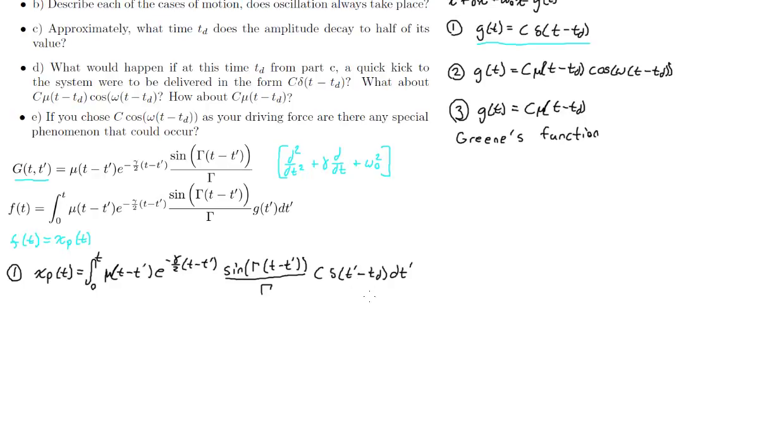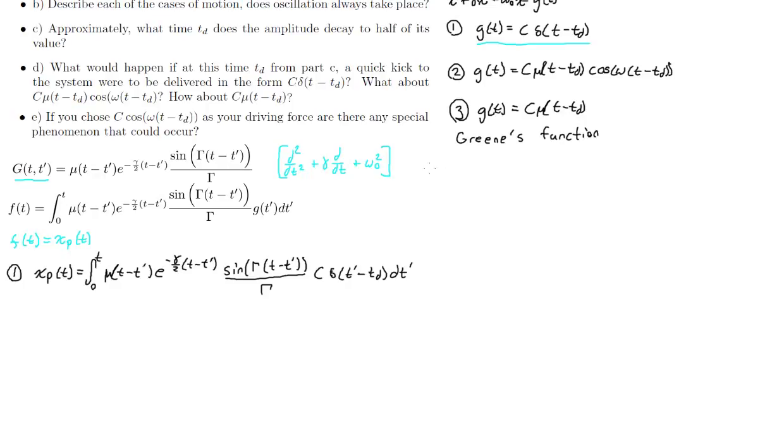I won't assume familiarity with the Dirac delta function. This Dirac delta function, its entire purpose in life is to be in an integral. That is the sole reason that this function exists, and it's what's known as an area-defined function.